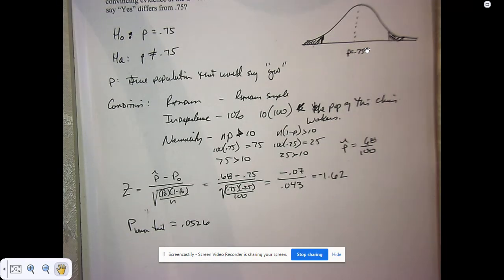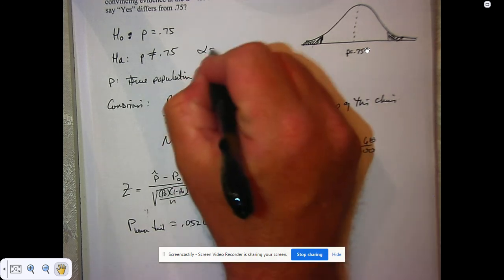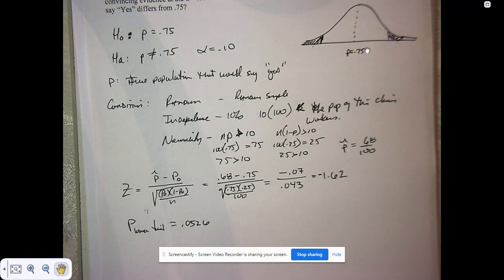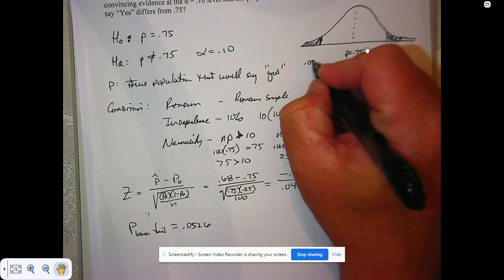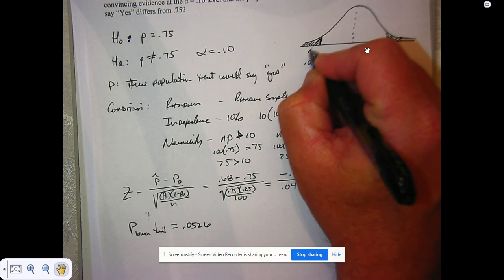And if we went with our alpha value of 0.10, right now that alpha value is greater than our p-value. So we would reject the null hypothesis. However, that's just the p-value for the lower tail. This is 0.0526 right here.